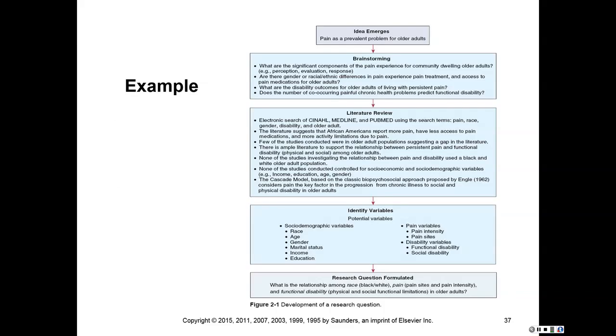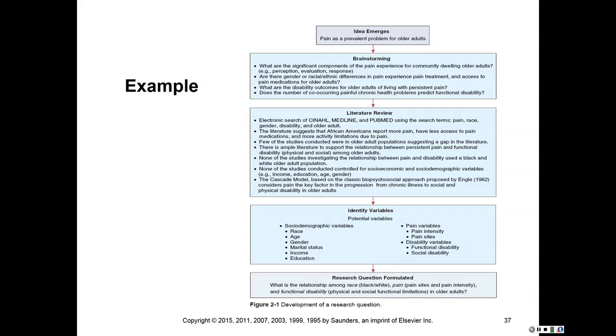So here is a very nice display of the development of a research question. So pain is a prevalent problem for older adults. So the research team got together and they said, what are the significant components of the pain experience for community-dwelling older adults?